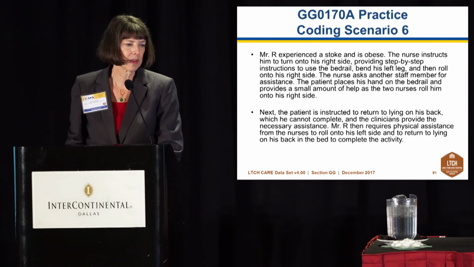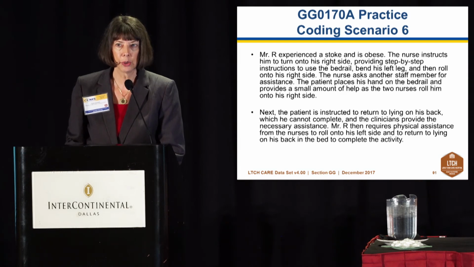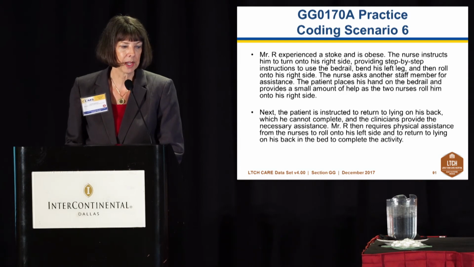Mr. R experienced a stroke and is obese. The nurse instructs him to turn onto his right side, providing step-by-step instructions to use the bed rail, bend his left knee, and then roll onto his right side. The nurse asks another staff member for assistance. The patient places his hand on the bed rail and provides a small amount of help as the two nurses roll him onto his right side.